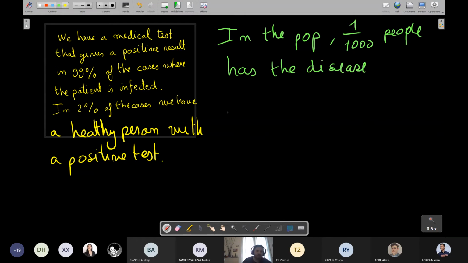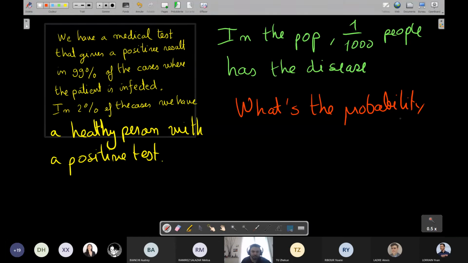Okay, now your job is to compute the probability that a patient with a positive test is actually affected by the disease.